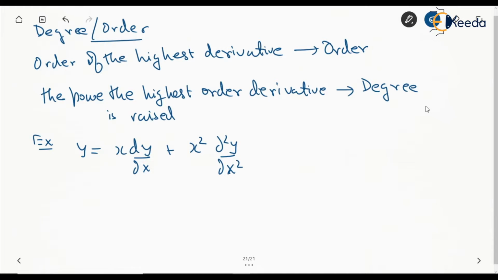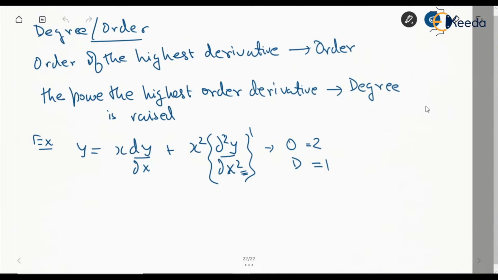Then in this case we can see that the order is 2 because this is the second derivative, right? But the power it is raised to is 1, so degree will become 1. So this was present in the simplest form. If it is not present in such form, we will have to present it in the rationalized manner.